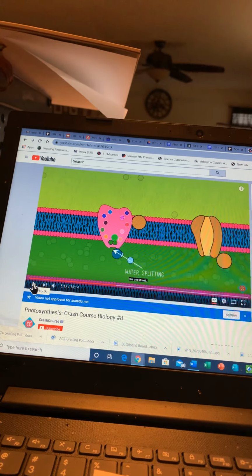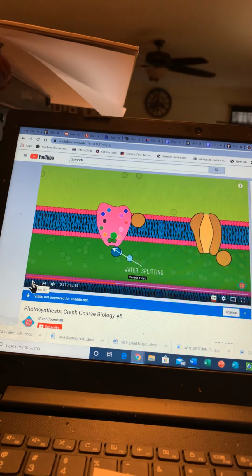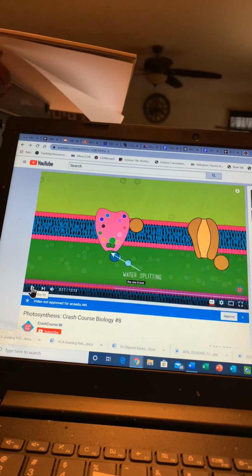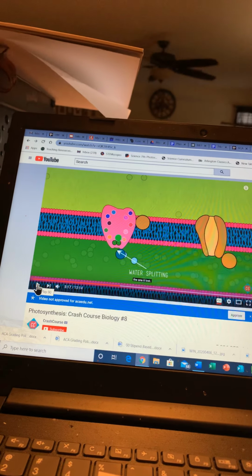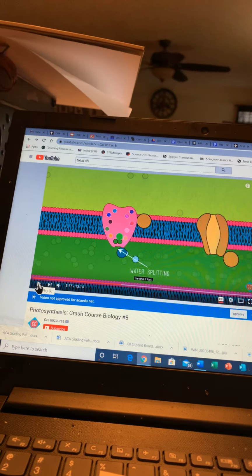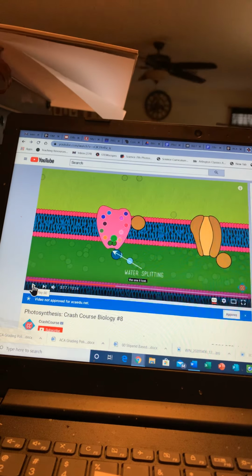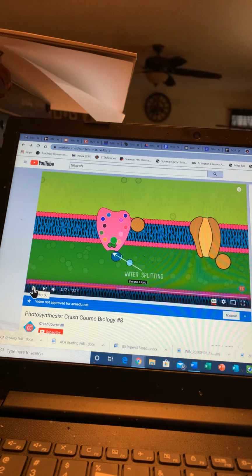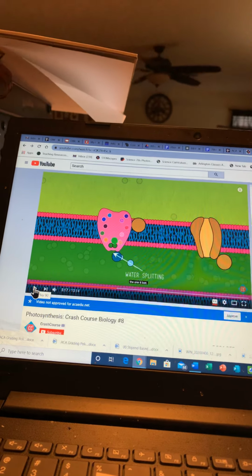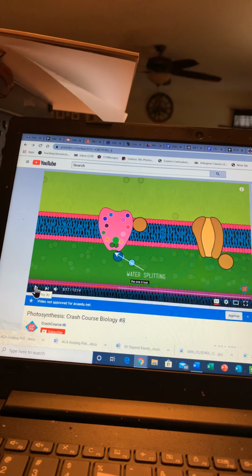Now, I want to draw attention to the fact that if you have a lake of water and you want to split the water molecules in that lake, the amount of energy required to accomplish that is striking it with lightning. Okay, so that's how much energy is required to split a water molecule.